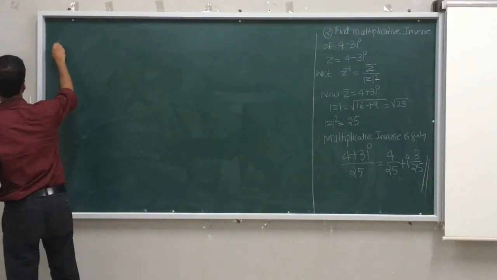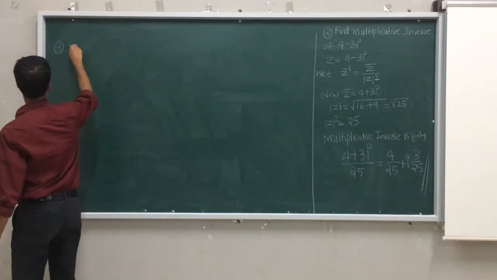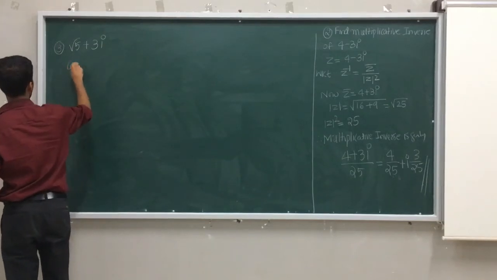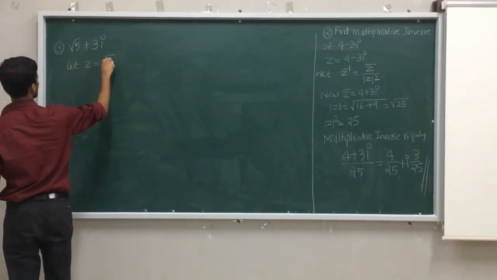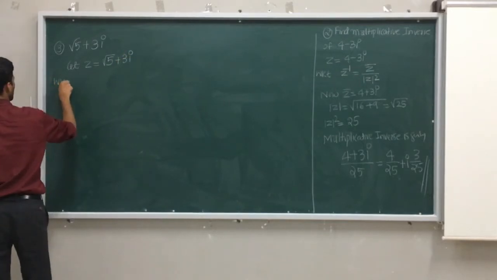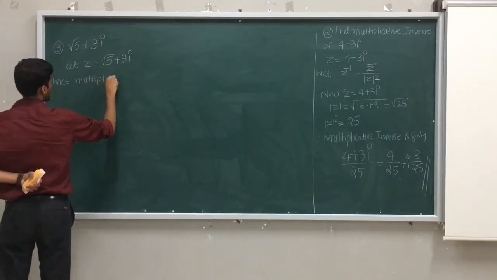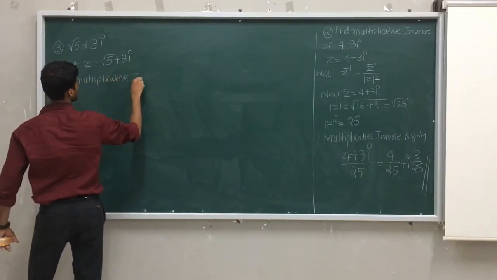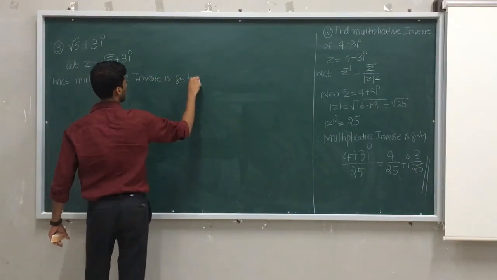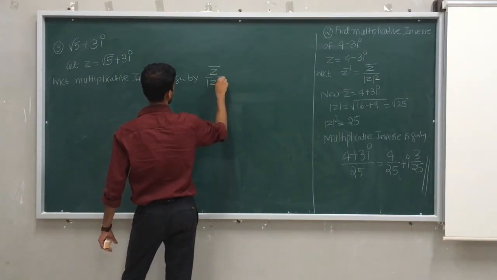The third question: find the multiplicative inverse of root 5 plus 3i. I will call it z is root 5 plus 3i. So we know that the multiplicative inverse is given by z bar divided by mod z the whole square.